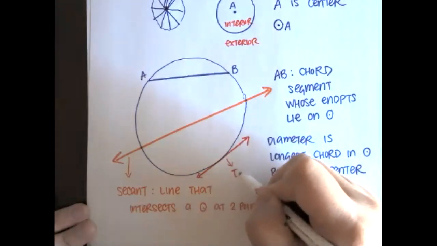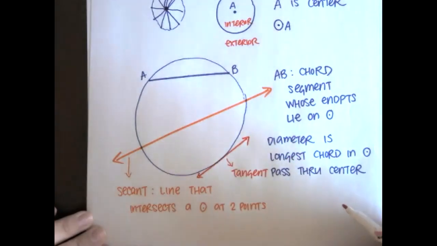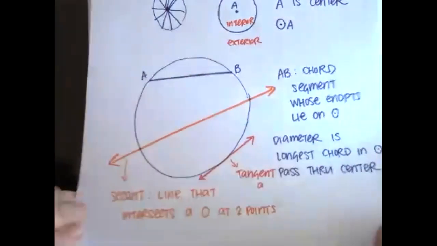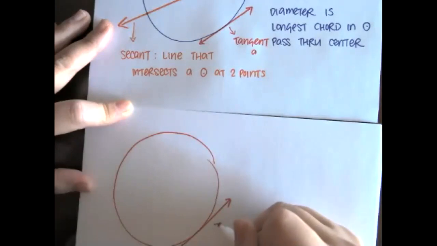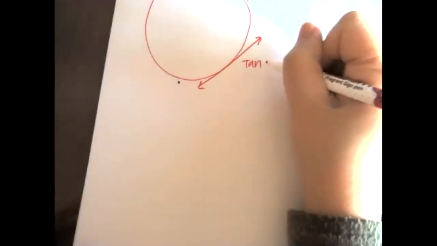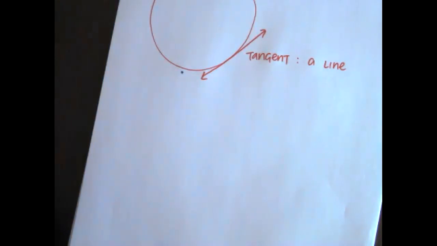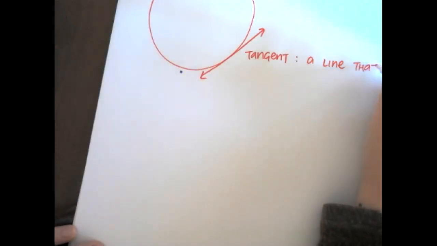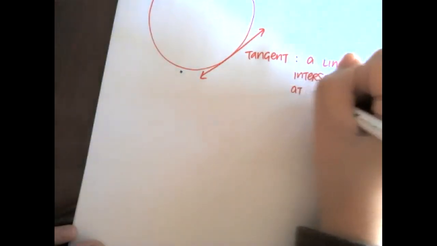So a tangent is a line that intersects a circle at one point.